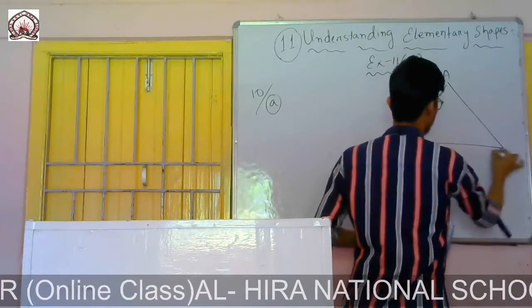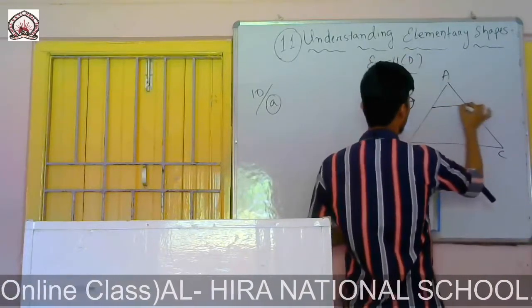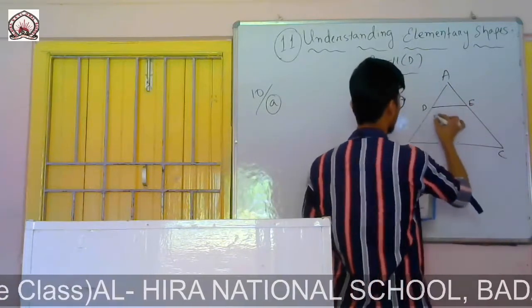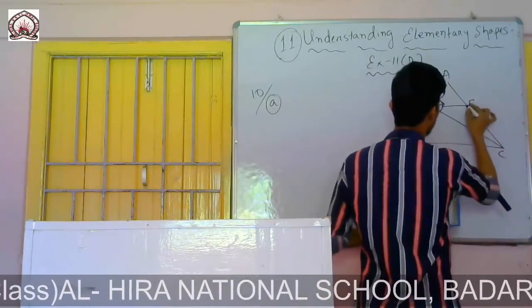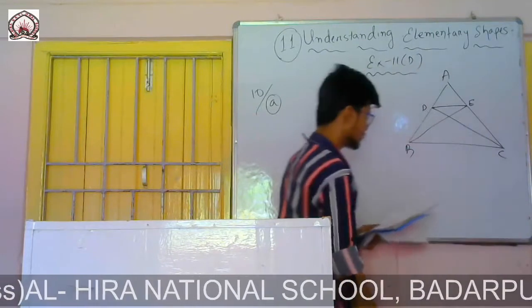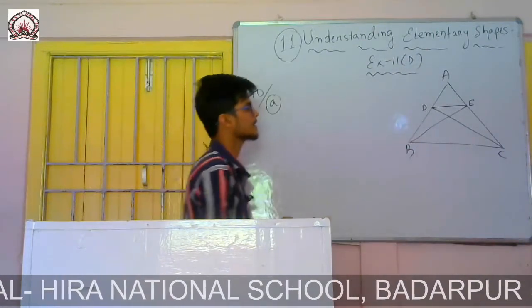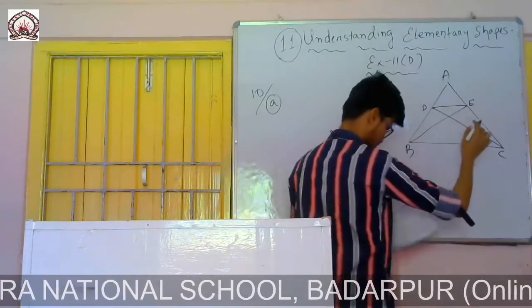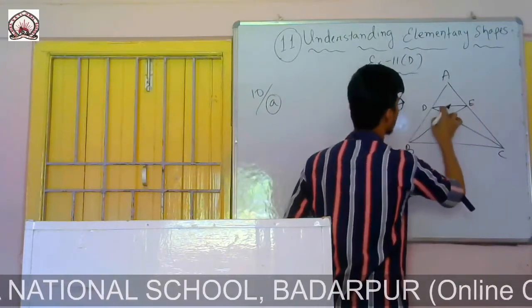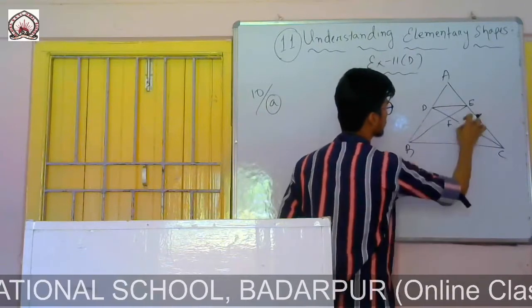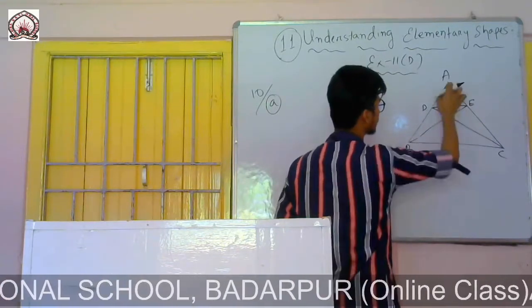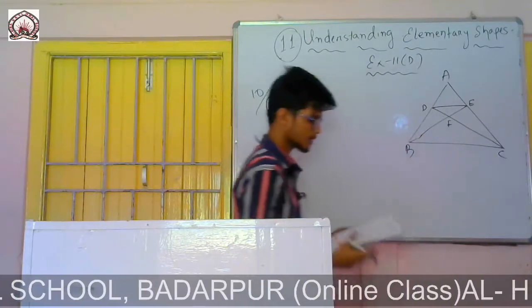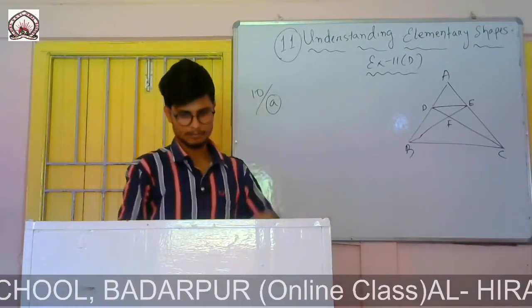A, B, C, D, E. The question is to find how many triangles there are. By seeing also you can see one triangle is there, ADE. Then another triangle, this one, another triangle, this one, another triangle, this one, then the whole one is also a triangle.